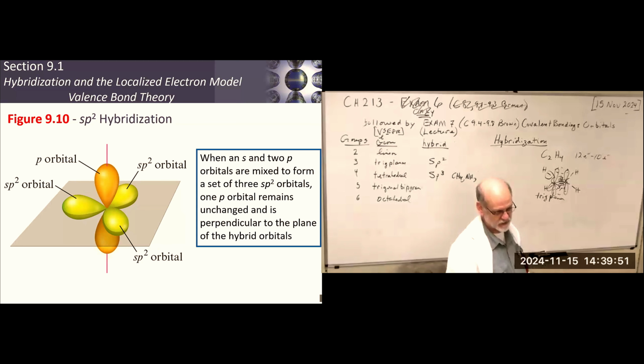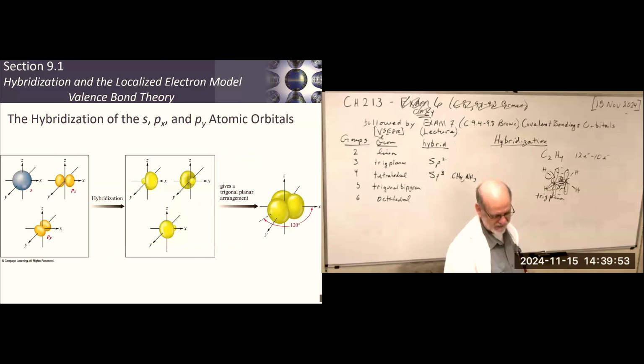We haven't got out of that territory yet. And this is what the calculated, proposed probabilities of finding electrons would be for those orbitals. They would be pointed to the apexes of an equilateral triangle.